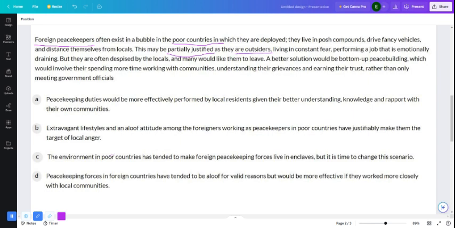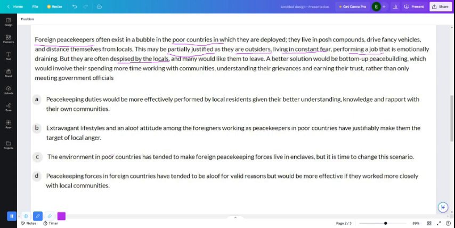They're outsiders, and that is why they live in constant fear because they do not know the locals that well. They're performing their job that is emotionally draining, but they are often despised, hated by the locals, and many would like them to leave.